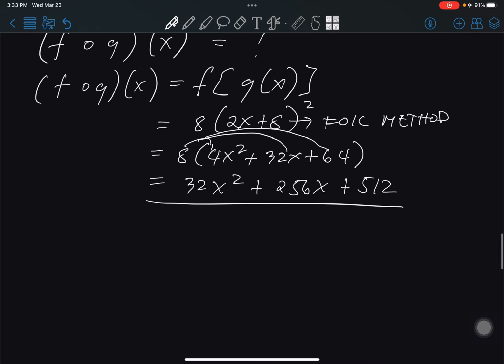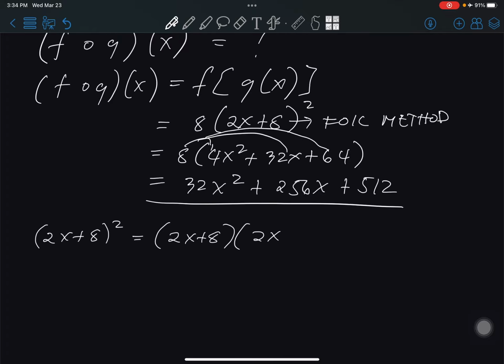So I'm gonna show you how we got 4x squared plus 32x plus 64. I mentioned that you are going to use your FOIL method. So we have here, let's say, 2x plus 8 squared. By using your laws of exponent, this can be written as 2x plus 8 times 2x plus 8.